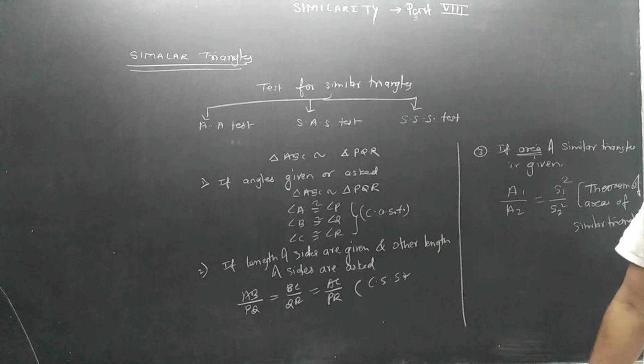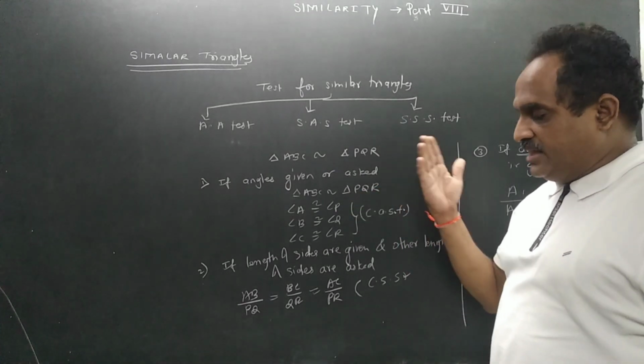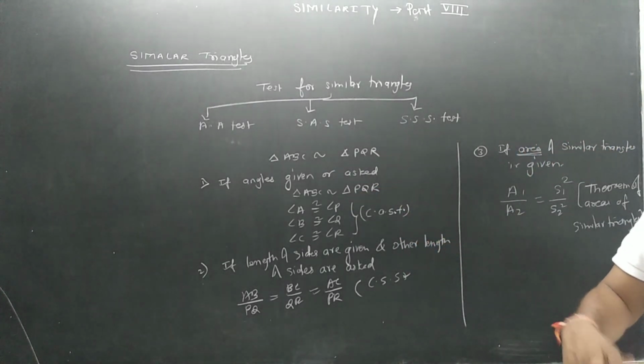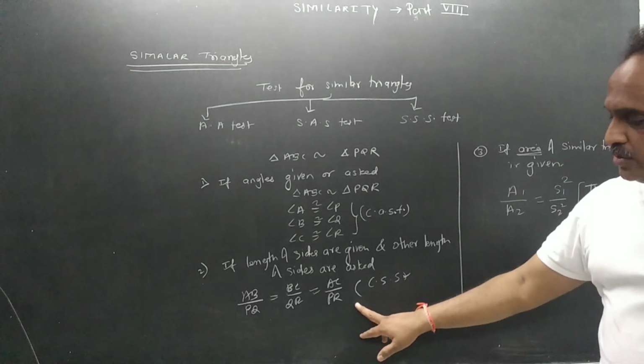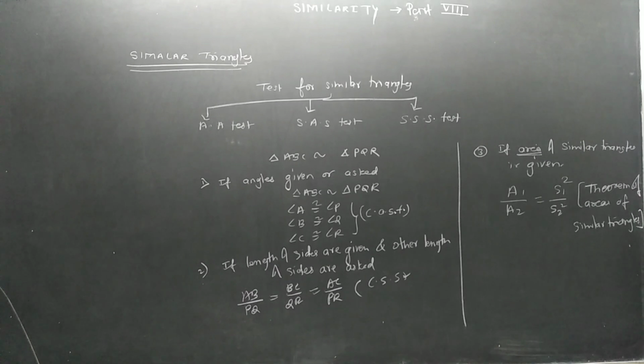Now, 3 possible questions are there. If the angles are asked, then you use this property. If some sides they give and some sides they ask, then you make use of this. But if in a question they ask the area of similar triangles, then you make use of this property. Okay.